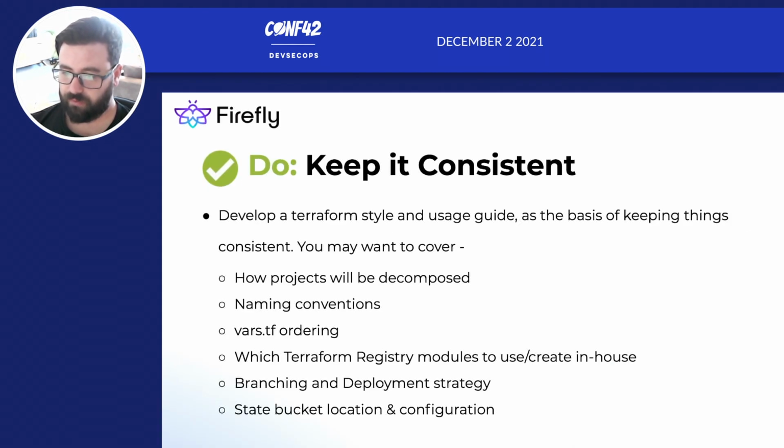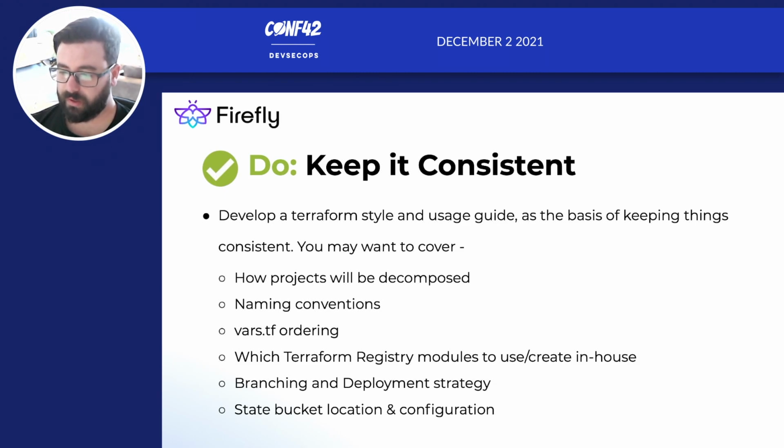Another tip that I have for you is to keep everything consistent. Before you create your first project, do the reading and understand the best practices for naming conventions, and try to keep everything in the same convention. If you are using variables, which is highly recommended, make sure you know the right order to use them.